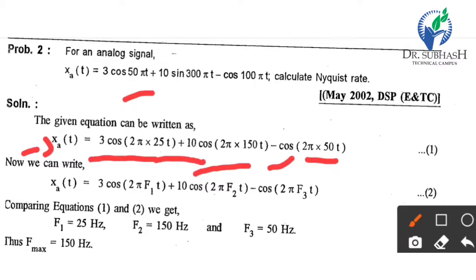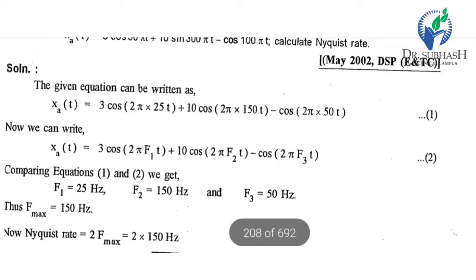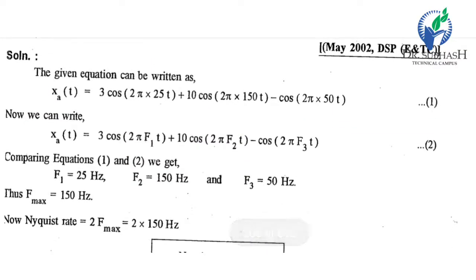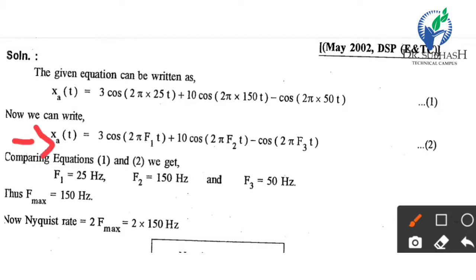So we will compare with our standard definition: xa(t) = 3 cos 2 pi f1t + 10 cos 2 pi f2t - cos 2 pi f3t.